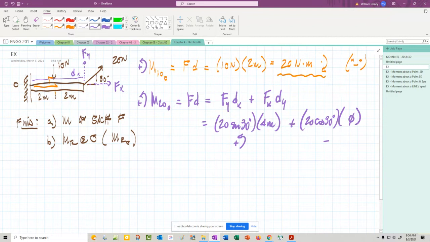Now let's look at this real briefly here. I think that makes sense at 0 because that force basically pulls through point 0.